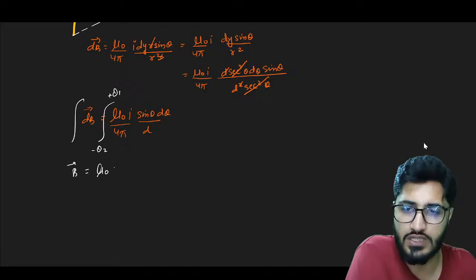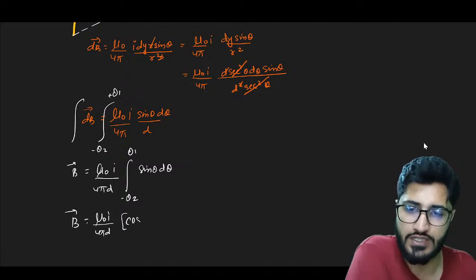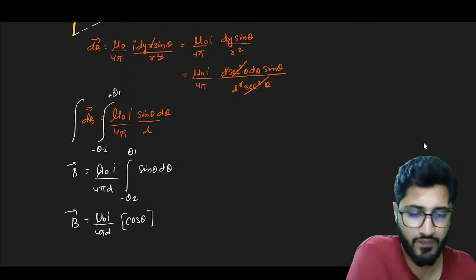Mu naught is constant, I is constant, 4 pi is constant, d is constant. Integration of only what? Sine theta with respect to d theta. Mu naught I by 4 pi d. Integration of sine is cos theta. Done.